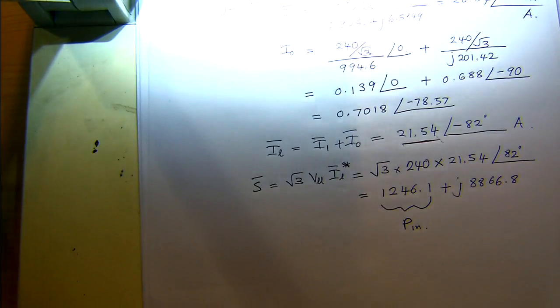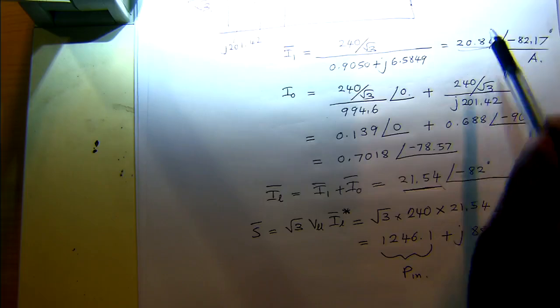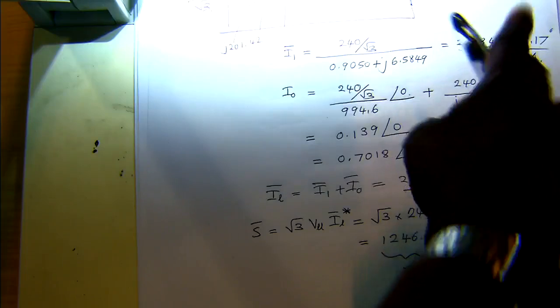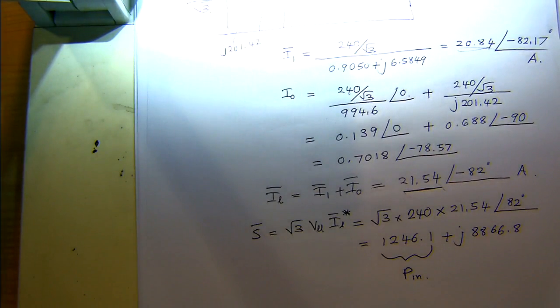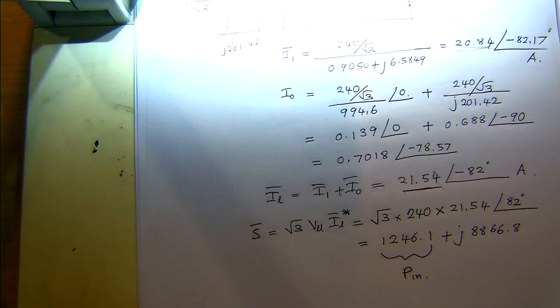If you were to neglect the shunt branch, your answer would be this, but then you can see the difference. There's roughly about 4% to 5% error if you make the assumption that this is negligible. But if you don't have this information, you can't do anything. You have to neglect that anyway.